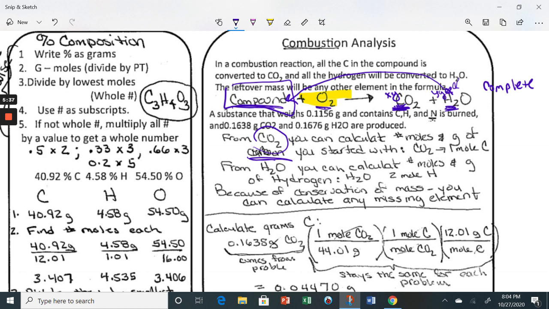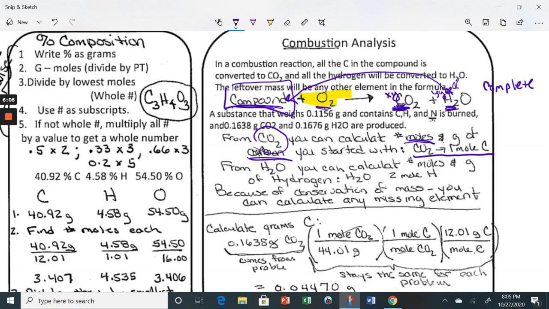From the CO2, you calculate the moles of CO2, and then the grams, then you're going to go to moles of carbon, and then grams of carbon. So in carbon dioxide, there is 1 mole of carbon. If you look at a whole mole of CO2, you have 1 mole of carbon and 2 moles of O2. And you might say, no, you only have 1 atom and 2 atoms, but we can also call that a molar ratio, right?